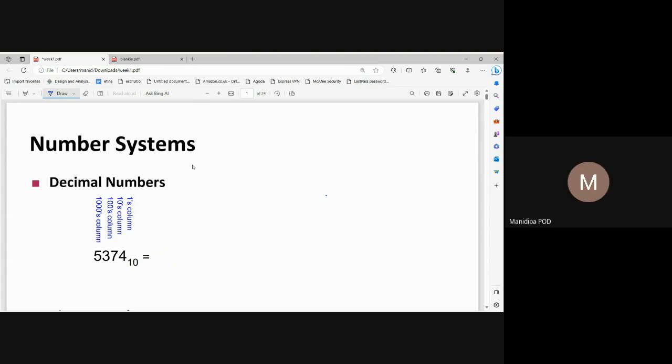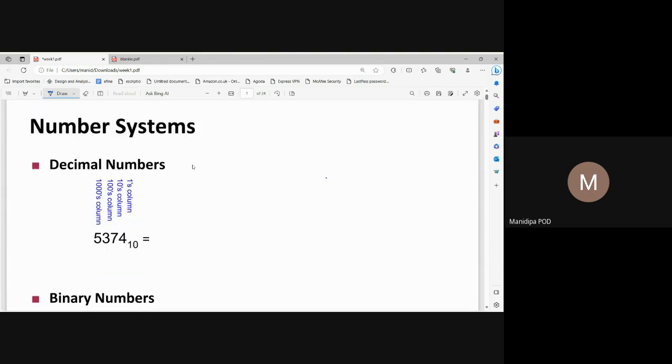So here we will be discussing four of the major number systems. Firstly decimal numbers, then binary numbers, and we'll also be discussing octal numbers, that is the base 8 number system, and hexadecimal, that is base 16.